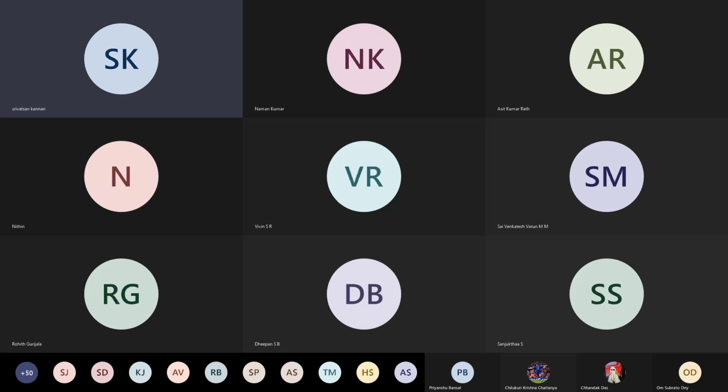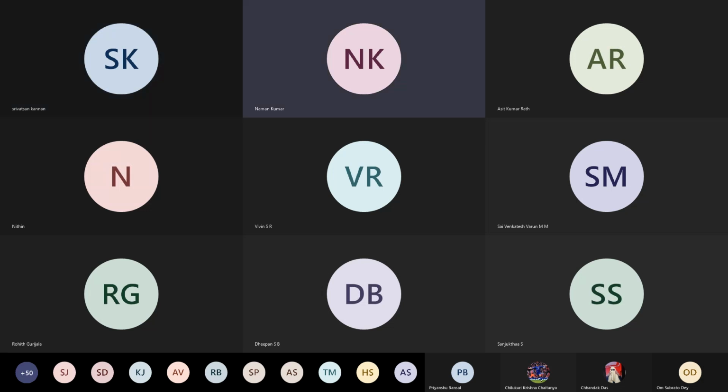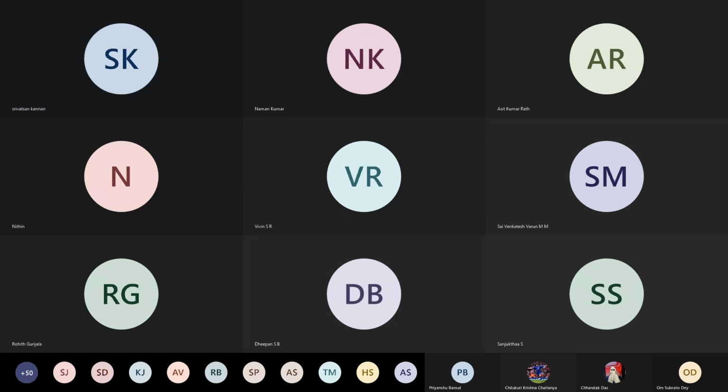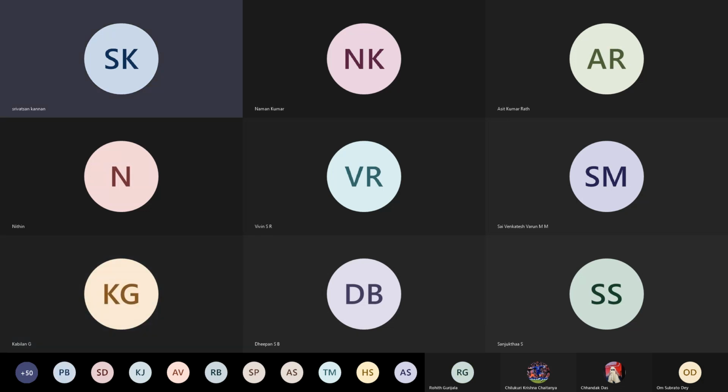Have all of you done the full wave rectifier? Yes, sir. Okay, next you do the bridge rectifier. You can also get the circuit from the internet.